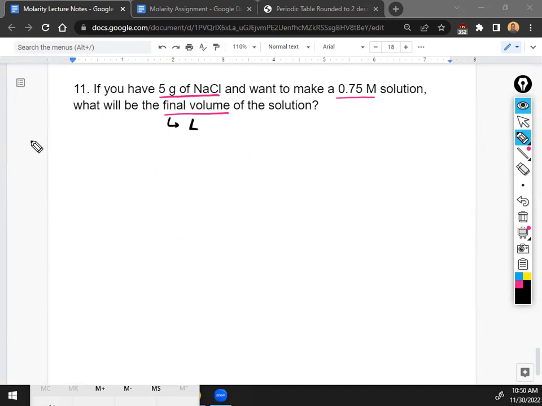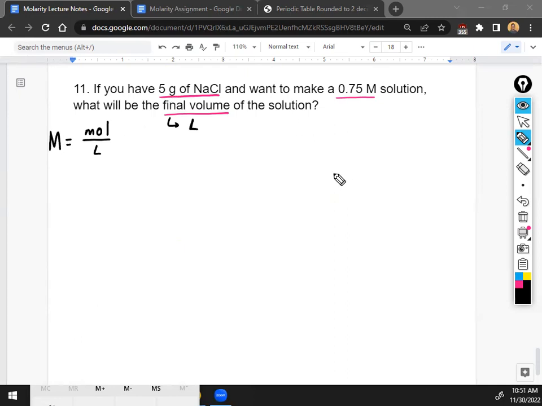All right, so we know from our equation that molarity is equal to moles divided by liters, which means this is what we're looking for right here. We are looking for L, okay? So what we want to do then is plug in these other two numbers, and that will allow us to solve for L. So we have the number for molarity.